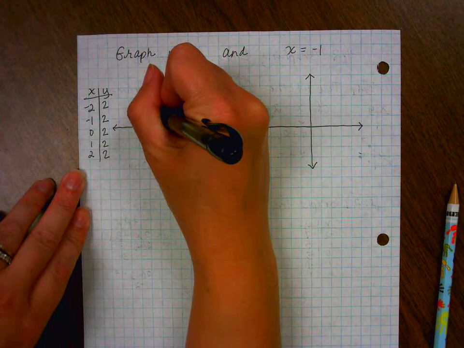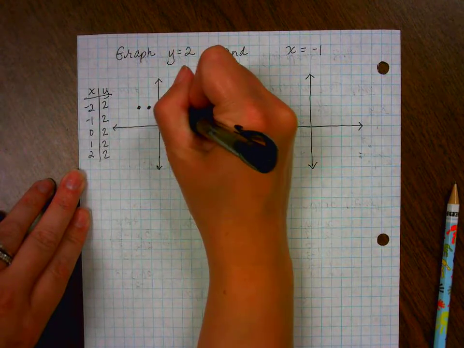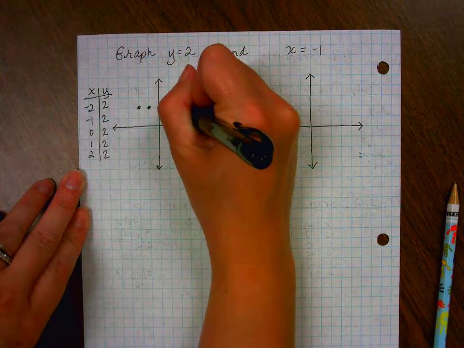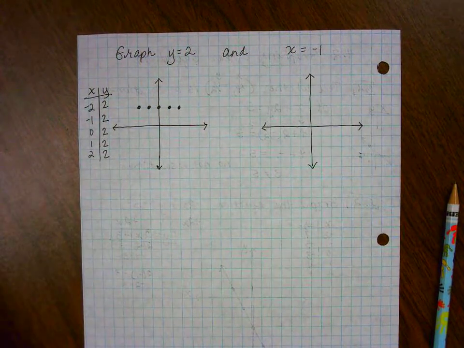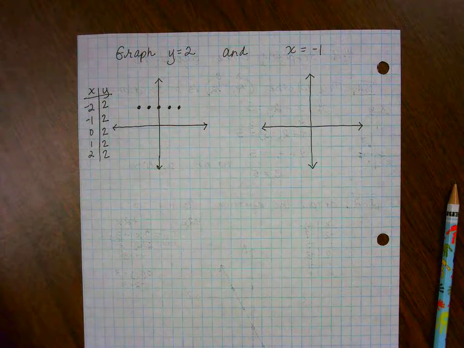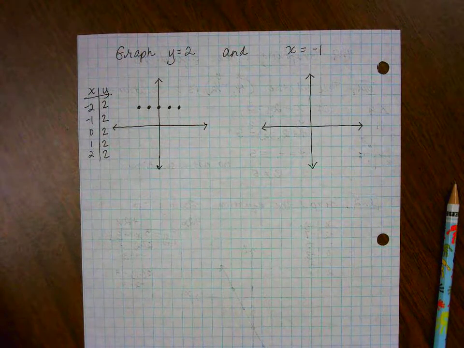What are you guys noticing? Nothing? Nada? What are you guys noticing? Sam? Along a straight line. Well, technically, aren't these all straight lines? Right, but what type of line is this? Horizontal. Horizontal, very good.